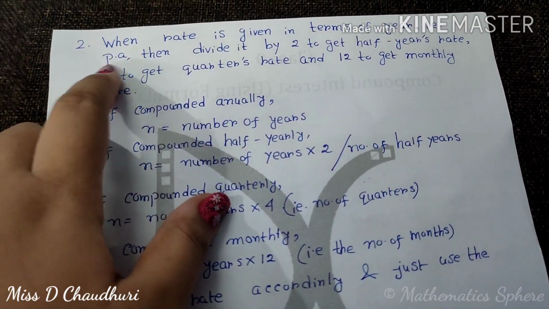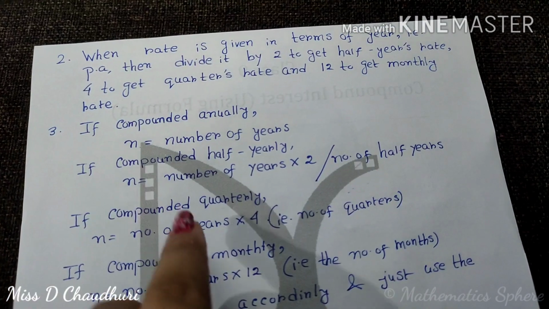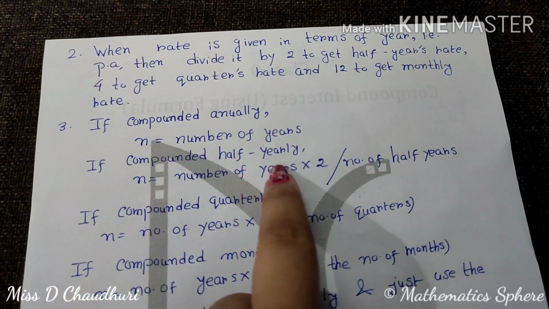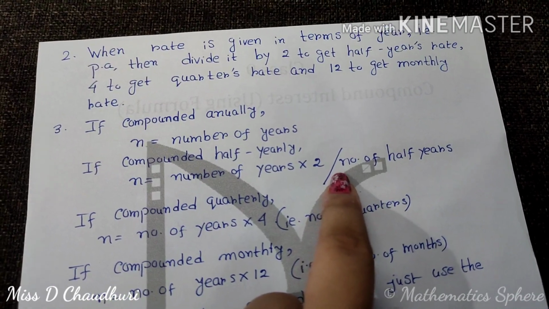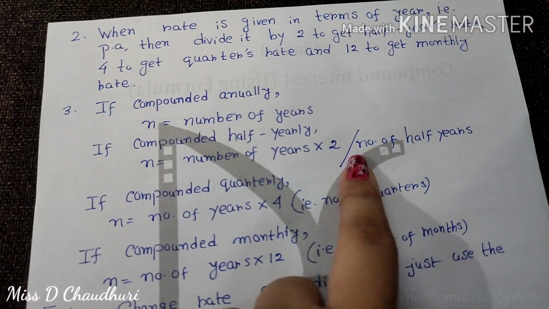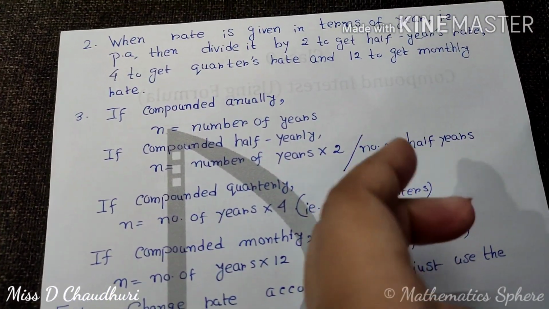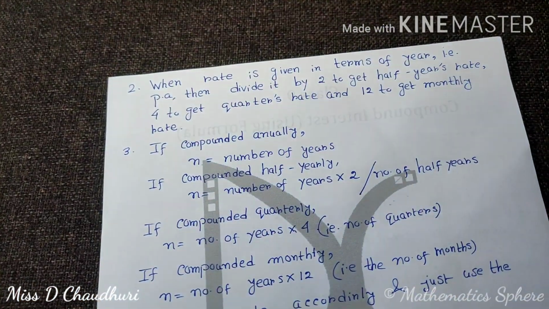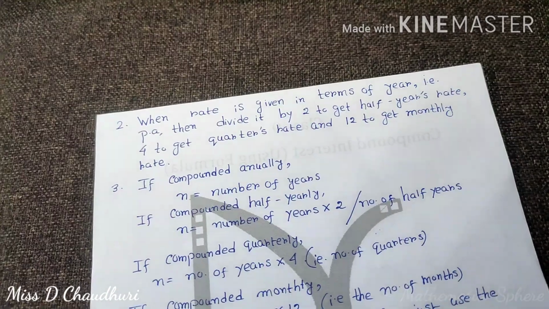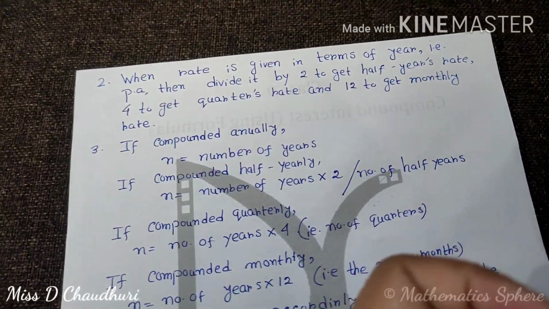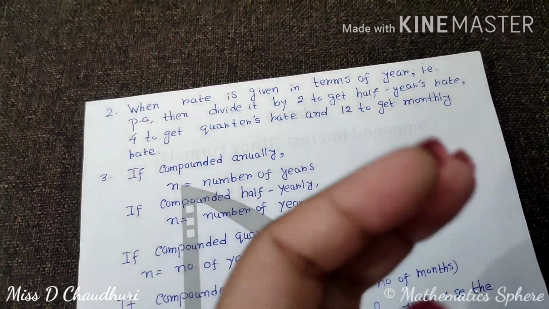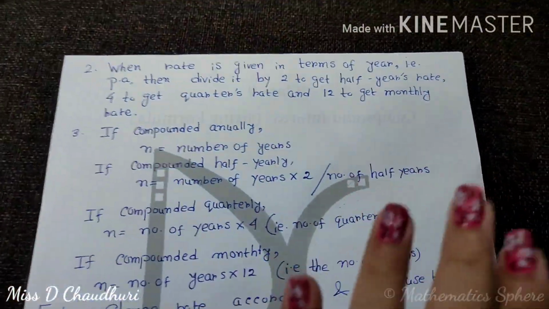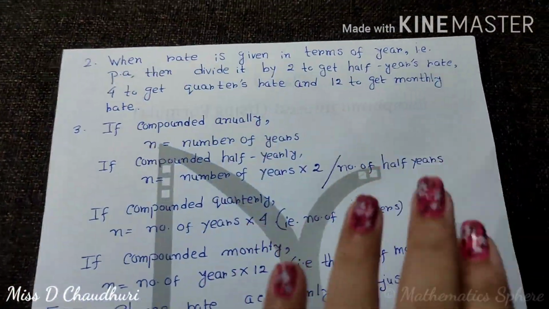That means you will have to divide the annual rate by 2, and in case of the number of terms, that is n, you will multiply the number of years by 2. If you are already given in half years, then do not change it. If you are given that there are 3 half years, you are going to take 3 only. But in case you are given 1.5 years, then 1.5 years will give you 3 half years. You will have to keep in mind all these things.